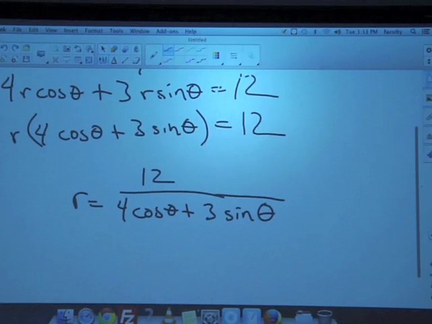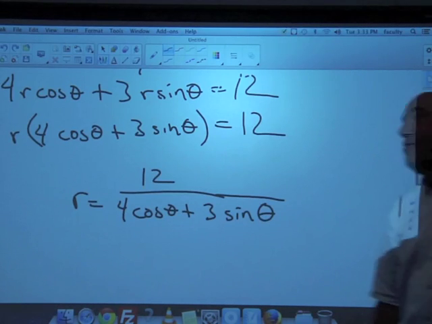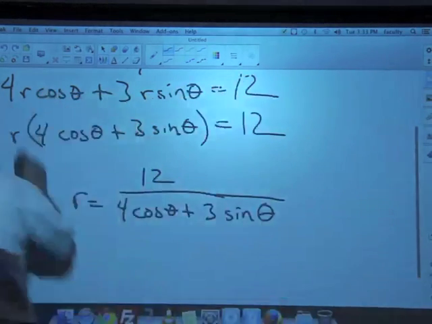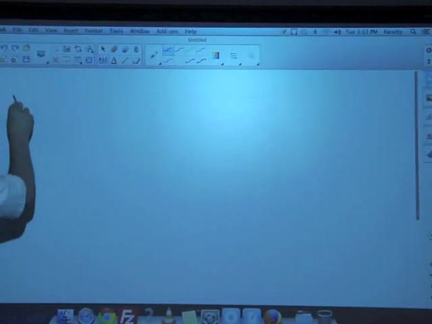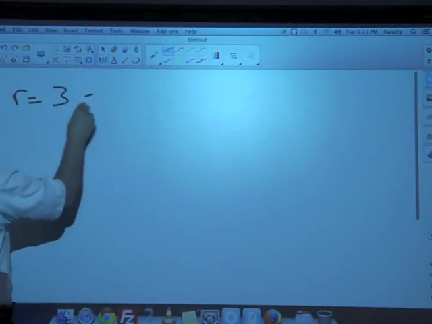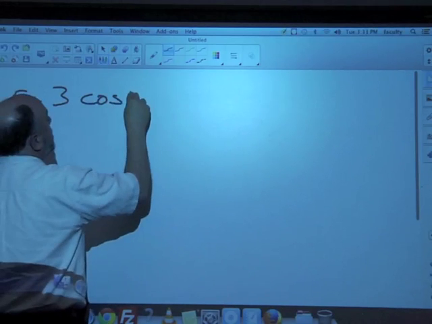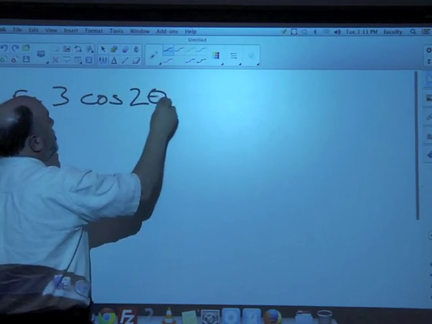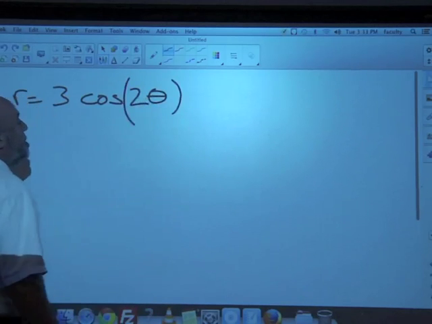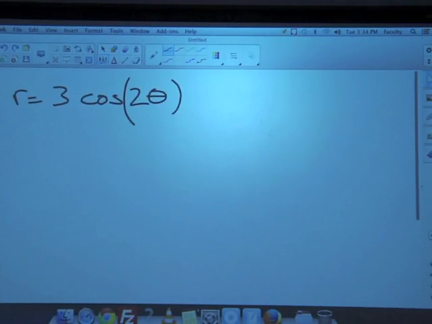And then one last thing. In terms of polar graphs, one thing about polar graphs, unlike XY graphs, you can get some fairly interesting shapes. So, for example, let's say we wanted to graph r equals 3 cosine 2 theta.